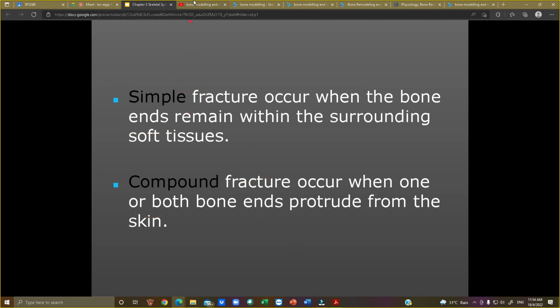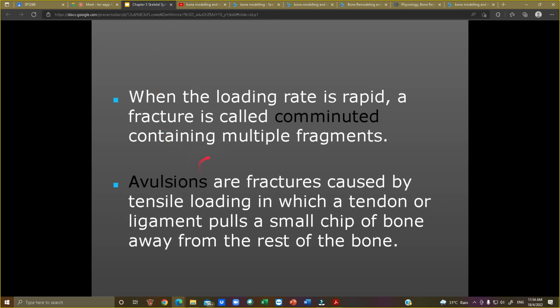Simple fracture usually bone masih lagi dekat dalam, kulit tak koyak. Compound keluar. Tulang ulnar radius keluar. Pacak dia tu. Itu compound lah. So, kecederaan dia teruk. Okay. And this kecederaan always caused by shear or tension.